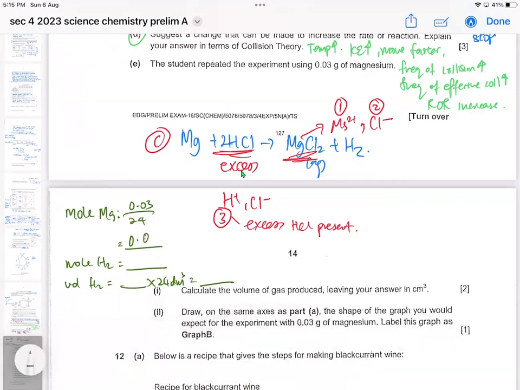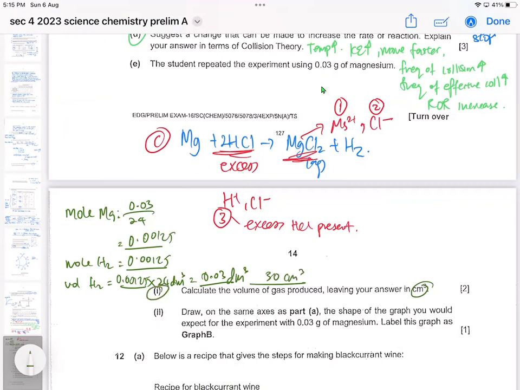So this should be 0.00125. So it's 0.3 dm cubed, but the question wants it in cm cubed, so I multiply by 1000. I get 30 cm cubed. This is for part 1.